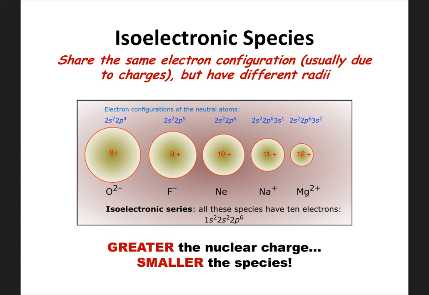If you remember, the greater the nuclear charge, the smaller the atom will be. So when the nuclear charge is greater, the atom itself is going to be smaller. So isoelectronic species have the same electron configuration, but they're obviously not the same element because they have different sizes and different numbers of protons as well.